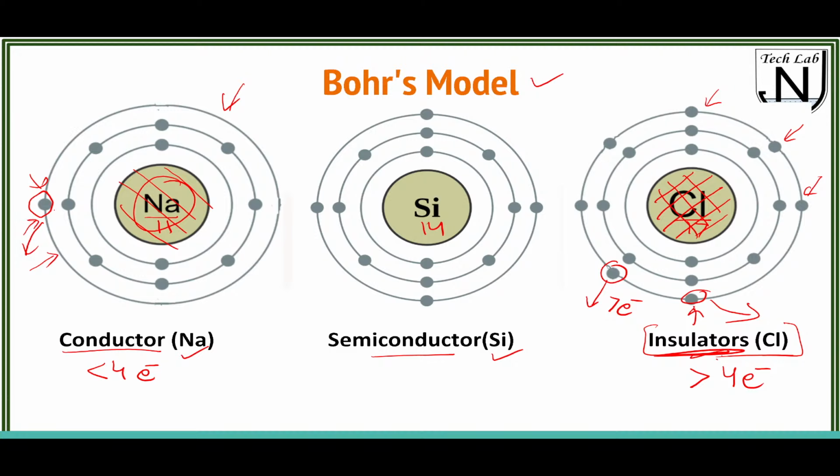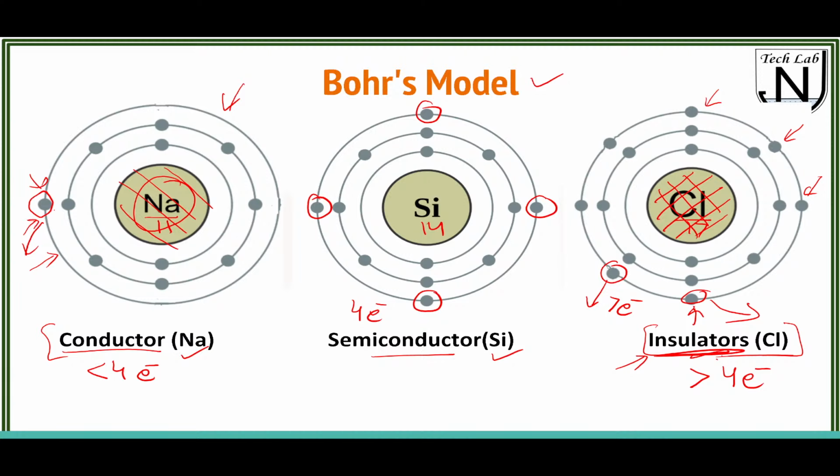Now if we talk about silicon, in silicon we have 4 electrons in the outermost shell, which means it is in between the conductor and the insulator, right? So as I told you, very little energy is required in a conductor to detach the electron, whereas very high energy is required in an insulator.